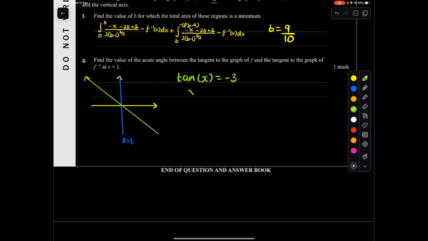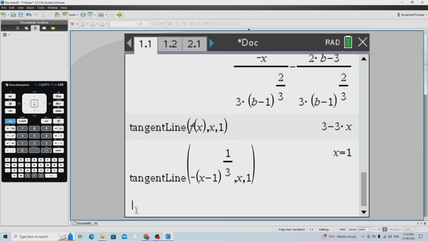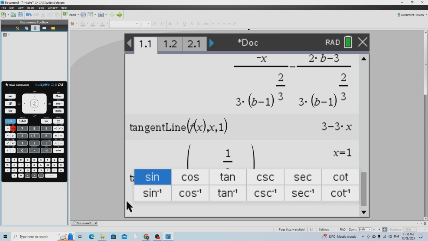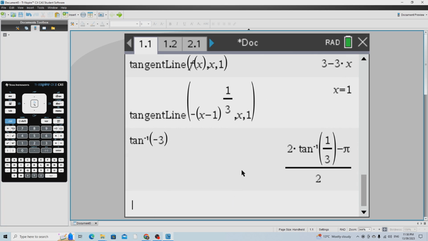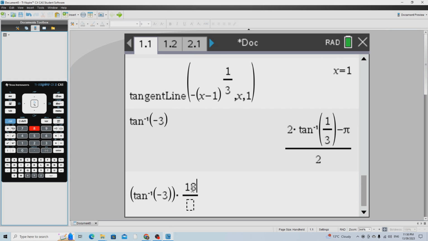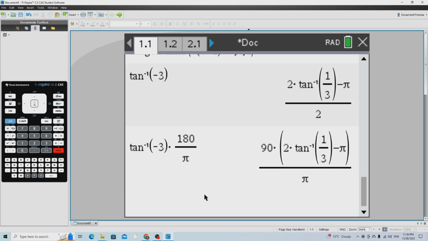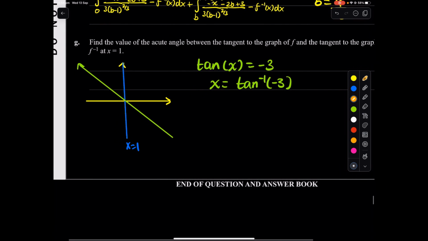So we can calculate x equals tan inverse of -3. Now I just want to calculate tan inverse of -3 to see how the angle would look. So if I go on tan inverse of -3 times 180 over pi, that's -71. Okay, so it's giving us this angle over here, that x angle.